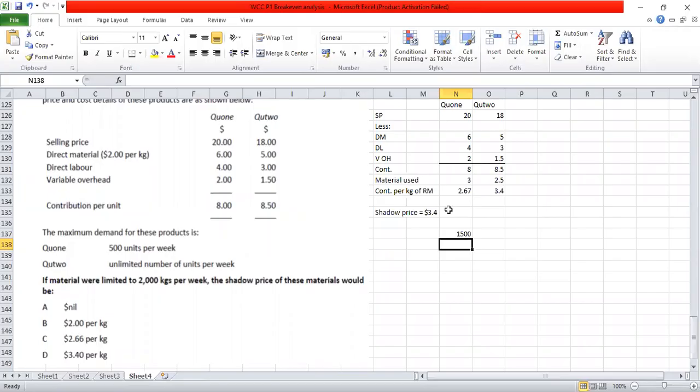As many units as they want to sell, they will be able to, because there is an unlimited number. This 1500 is less than 2000 kgs of material, which is slack. So there is no concept of shadow price here in case of Q1.